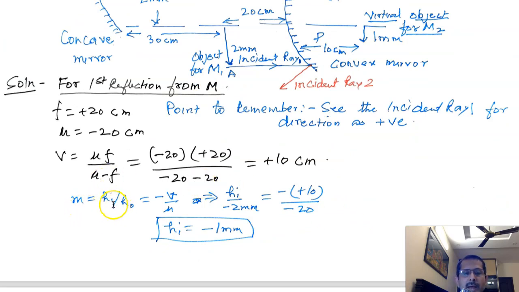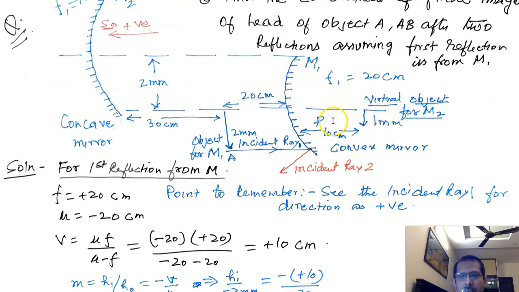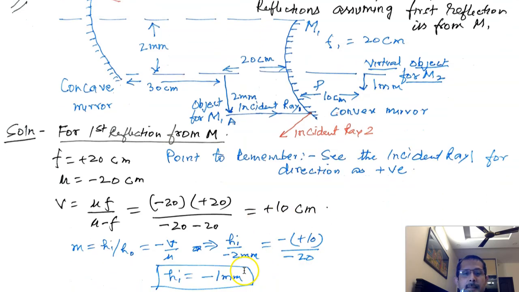Magnification we know is equal to hi by ho is equal to minus v by u. If I just put in the values, I get hi is equal to minus 1 mm. Let me quickly go to the diagram. Now that means at this 10 centimeter distance, the height of the image would be 1 mm, and remember it is minus.